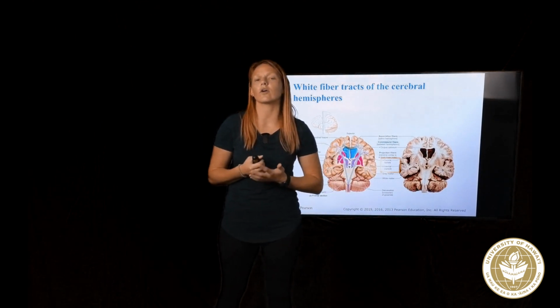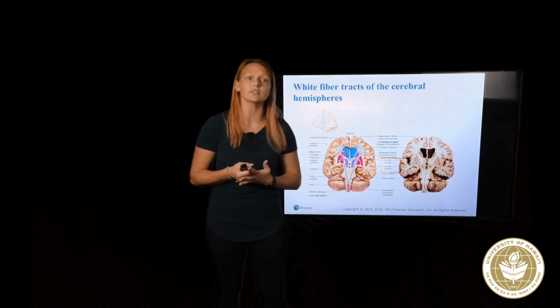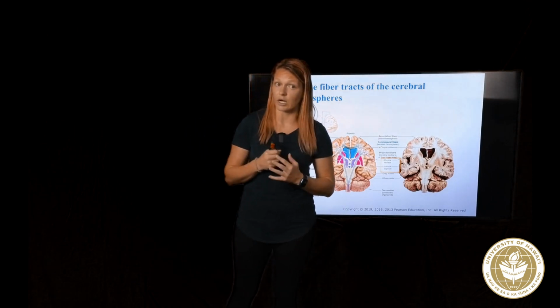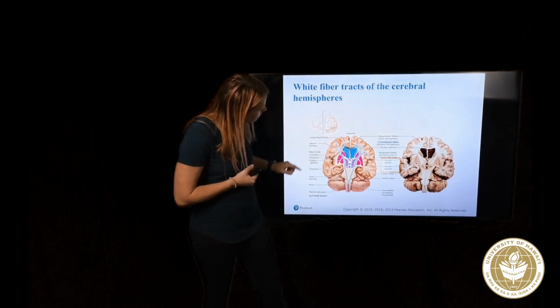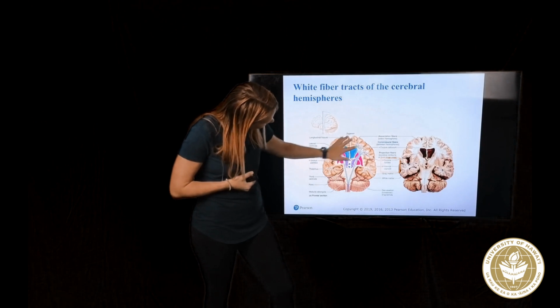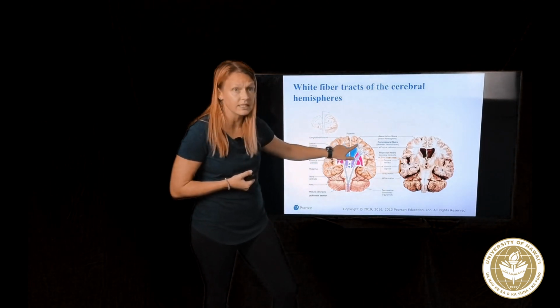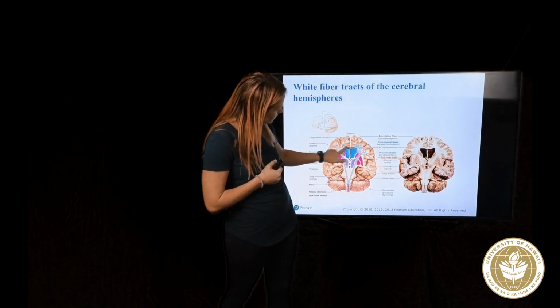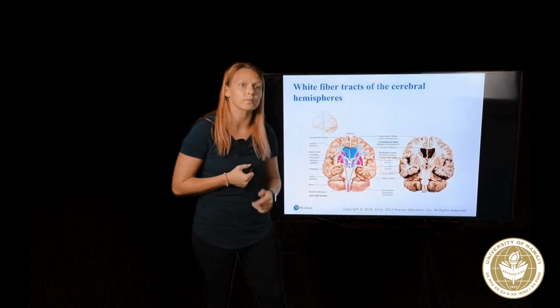Then we have our commissural fibers. These are horizontal fibers that connect the gray matter of two hemispheres. They're shown here in green, and you can see how they go from this hemisphere to this hemisphere, connecting that gray matter across there.